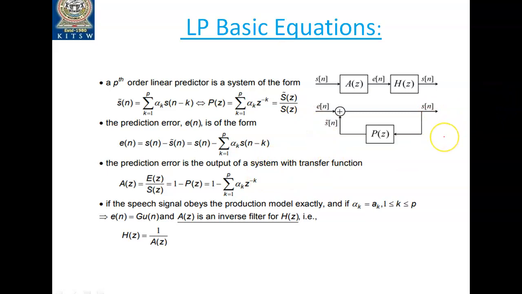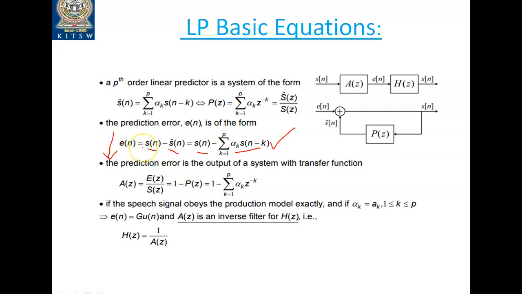Normally when you want to design any kind of filter, because we are estimating the current sample, there is a possibility of error. How can we define the error? Error is nothing but actual speech minus the prediction: s of n minus summation k equal to 1 to p alpha k s of n minus k. Our job is to reduce this error signal, for example to make error signal e of n equal to 0.